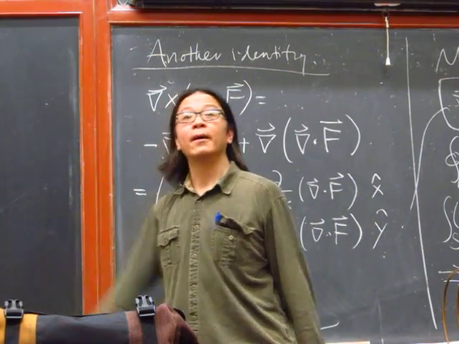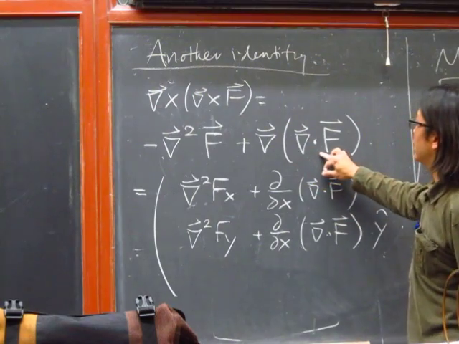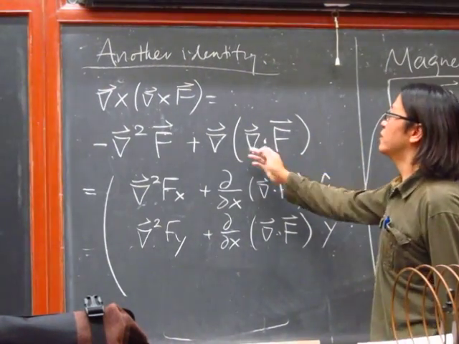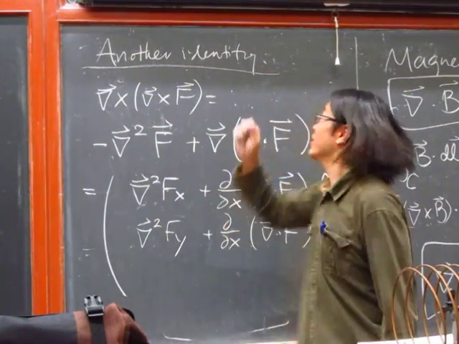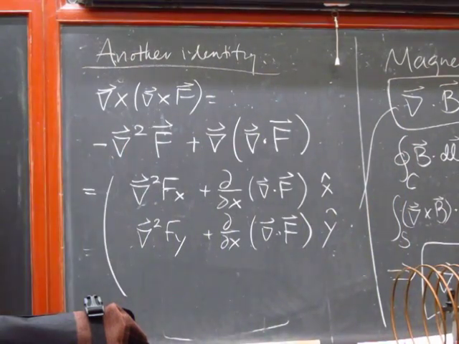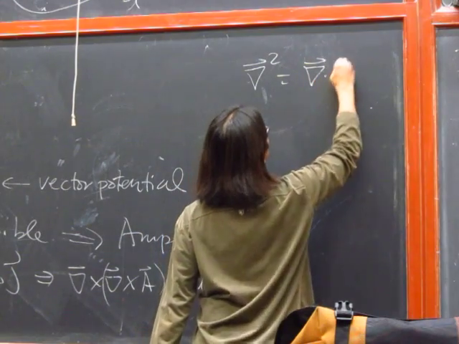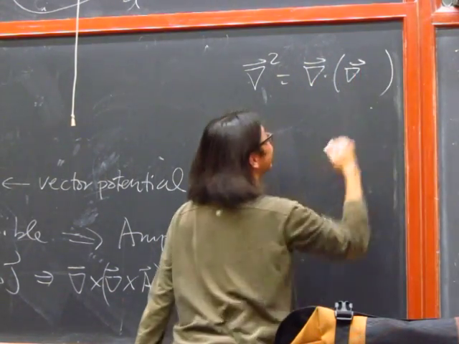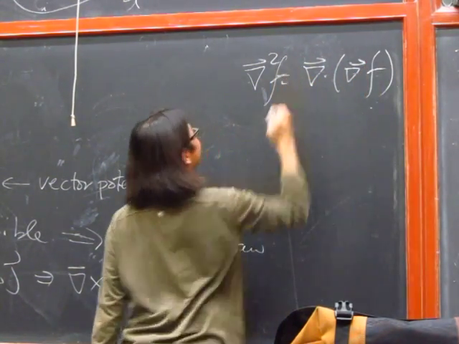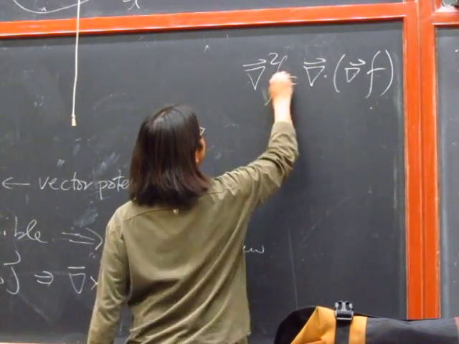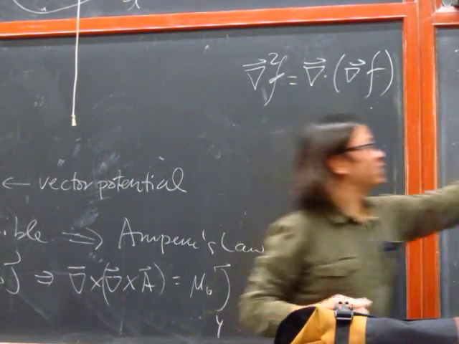A Laplacian is actually a divergence of the gradient. This is flipped, right?